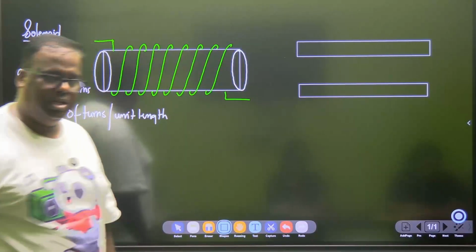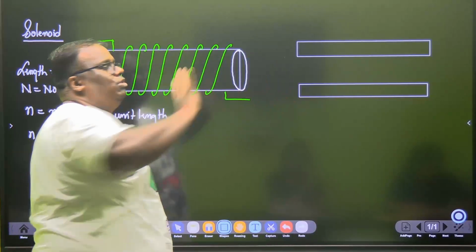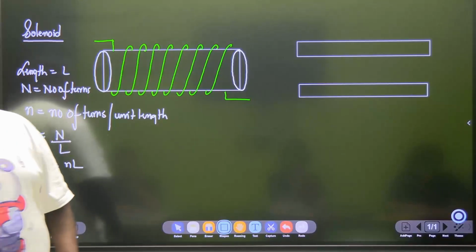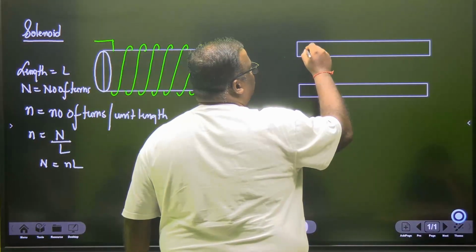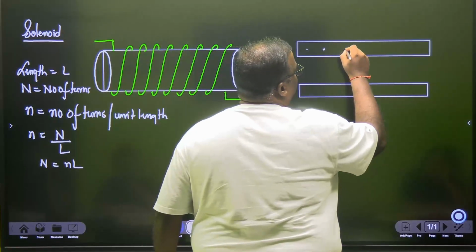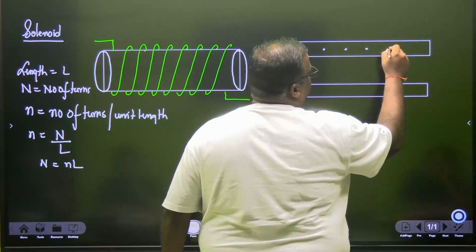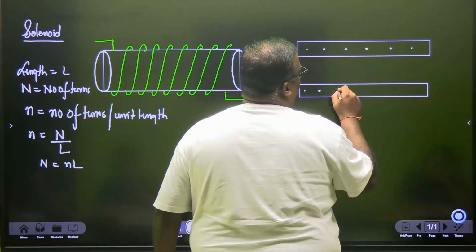Are you able to visualize? In this drawing I'm not drawing the wires. I'm just saying that there will be some protrusions from where the wires are actually coming out.